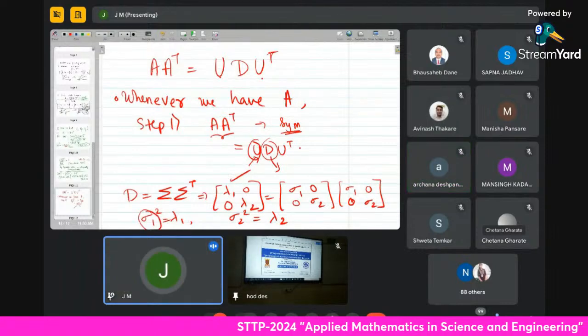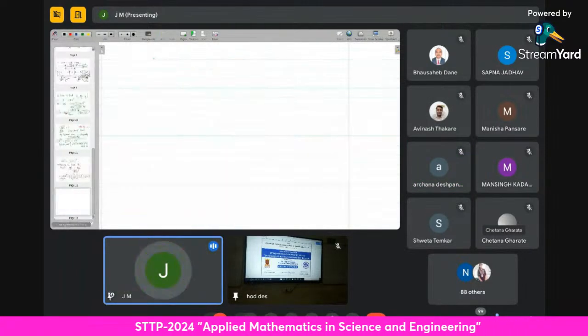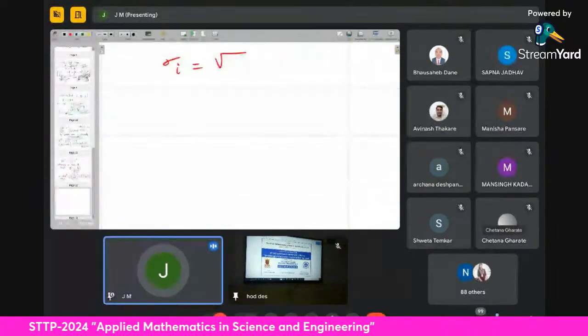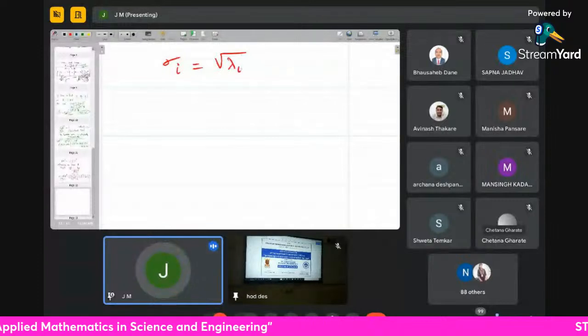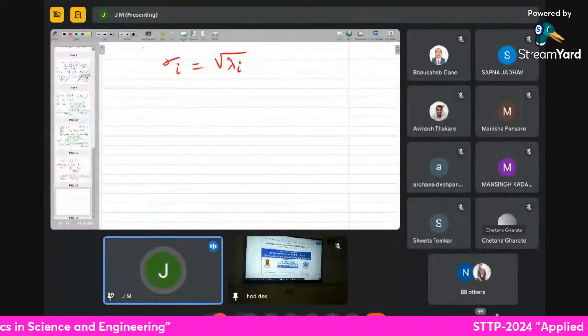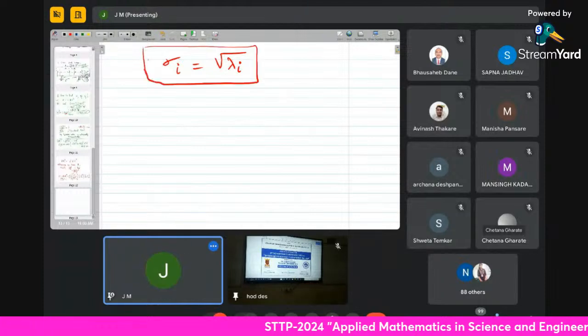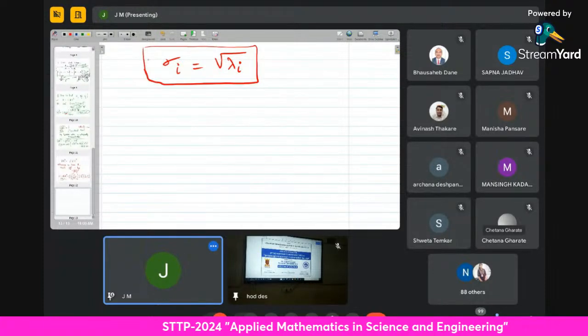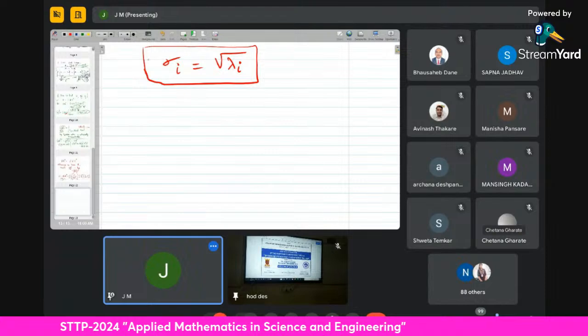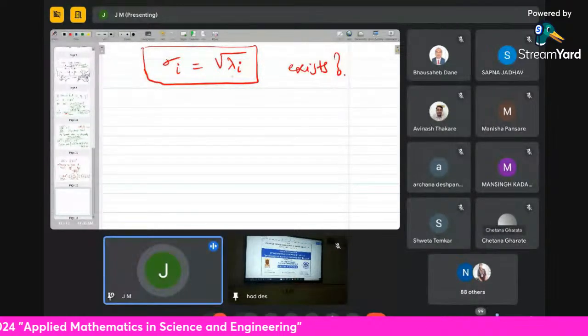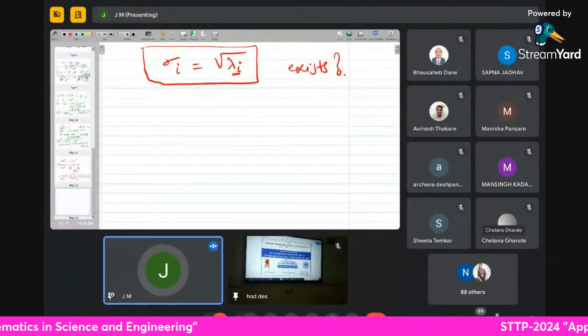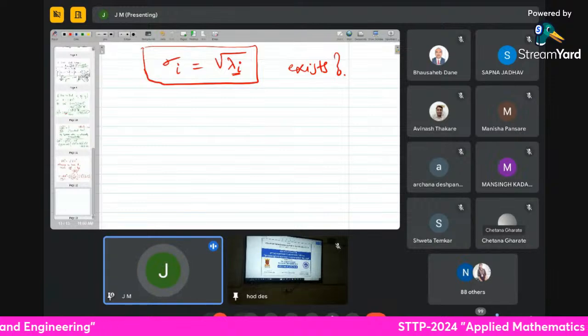So from here, we got U. What are the singular values? Your singular values are nothing but the positive square root of the eigenvalues. If we are taking the square root, we should be careful, because if this is negative, does this exist? Is this always non-negative?